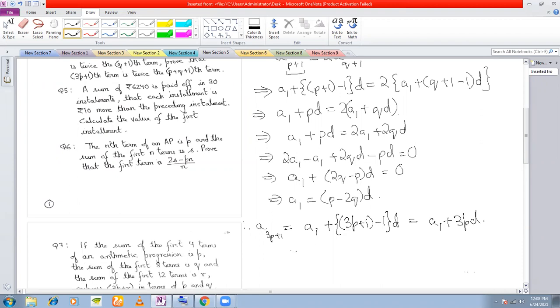Now you know the value of a1 from here. Let us call this 1. So put it from here: (p minus 2q) d plus 3pd.